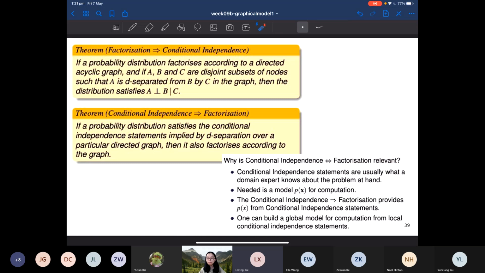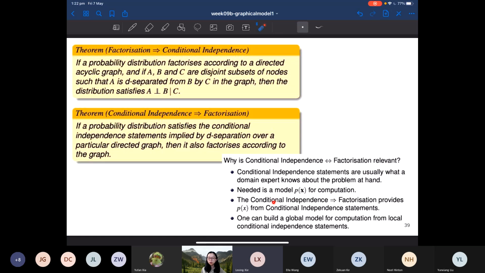Conditional independence is usually what a domain expert knows about the problem at hand. So you can present them, let's say, with the printer debugging scenario. You can present them with a graph. You can also present them with derived conditional independence statements, and that will influence the design of your Bayes net. And they are needed for computing the joint or marginal distribution in order to do that efficiently.